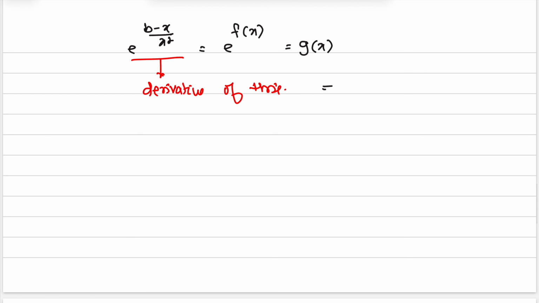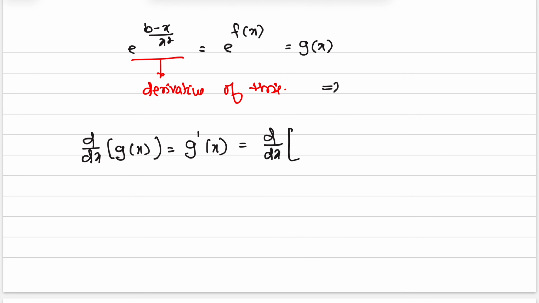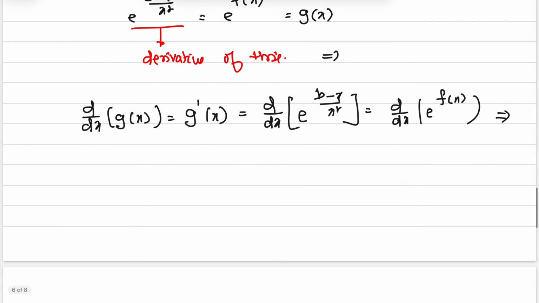Now when we go for the derivative, that will be d by dx of g(x), that is equal to g dash x, which is d by dx of e to the power of e to the power of (b minus x) by x square, that is equal to d by dx of e to the power of f(x). Be thorough with these basic principles.